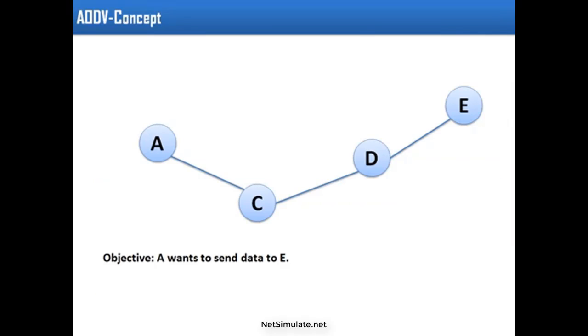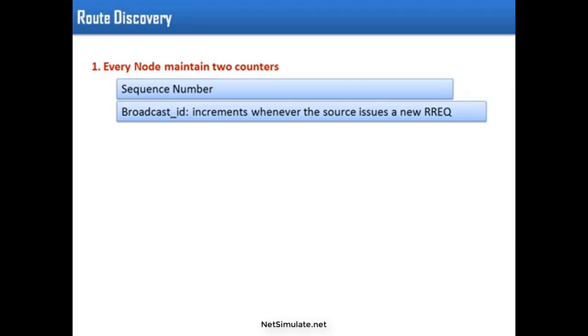So let's take an example. We have four nodes: A, C, D, E. Our objective is that A wants to send data to E. Initially node A does not have any information about where node E exists in the network. So A will start a route discovery mechanism. It will broadcast the route request packet.